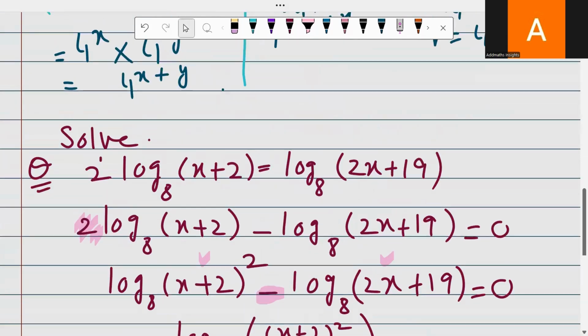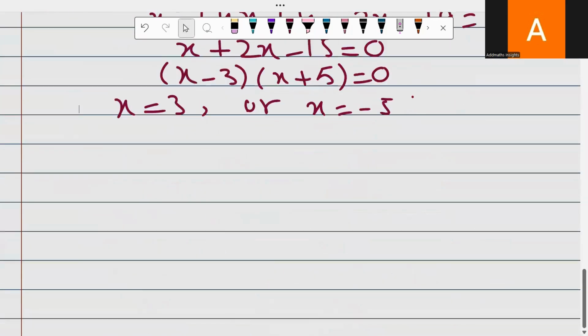When you substitute x equals 3, you see that the log is defined, so x equals 3 is a solution, as both sides of the equation are defined and equal in value. But when you substitute x equals minus 5, the log will not be defined. So this is how you can use logarithmic laws to solve equations.